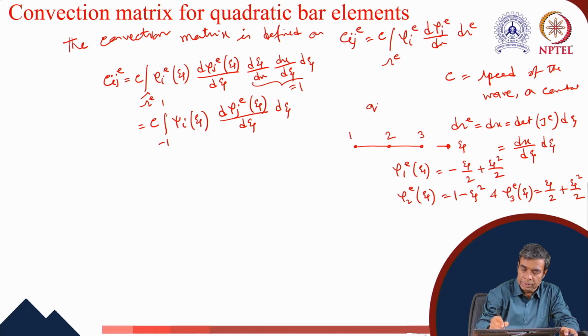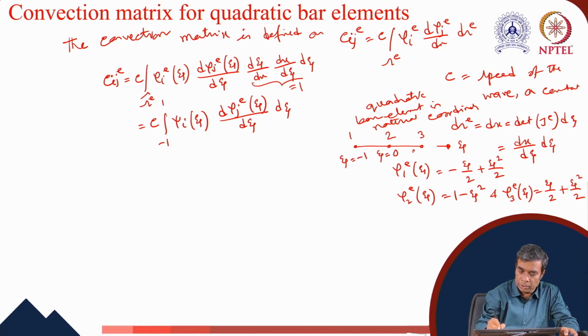So this is a quadratic bar element in natural coordinates, where xi equals -1, xi equals 0 and xi equals 1.